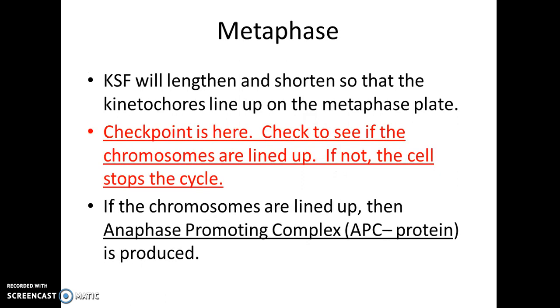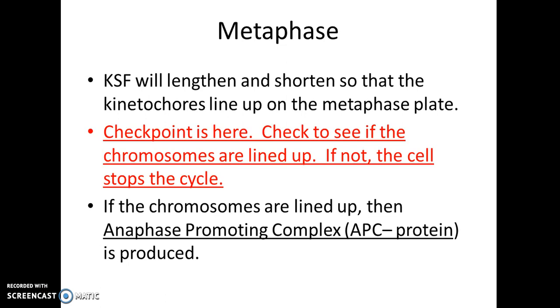We'll start one more phase here, which is metaphase. So the kinetochore spindle fibers will lengthen and shorten so that the kinetochores line up on the metaphase plate. Metaphase plate is like the equator of the cell. It's in the middle of the cell. This is where the third checkpoint is found. What happens here is if the chromosomes are not lined up, the cell will not finish mitosis.